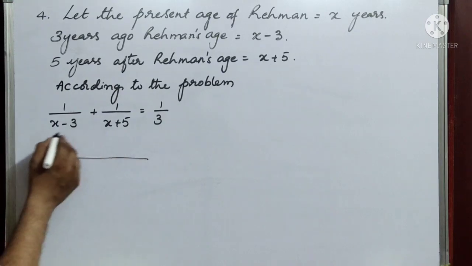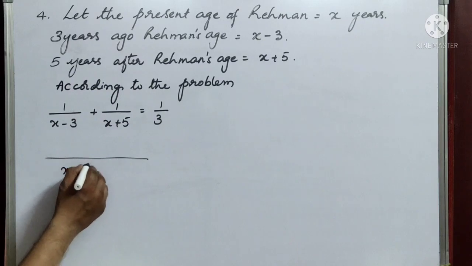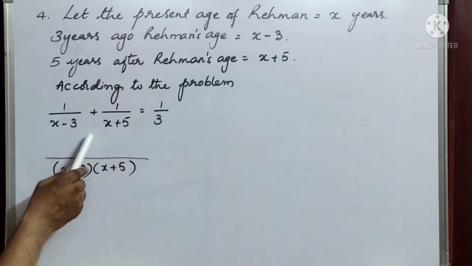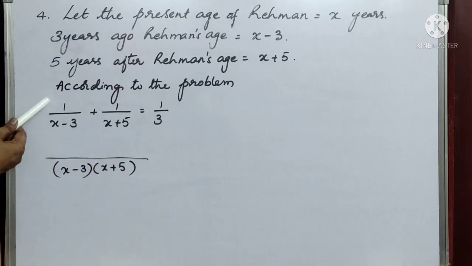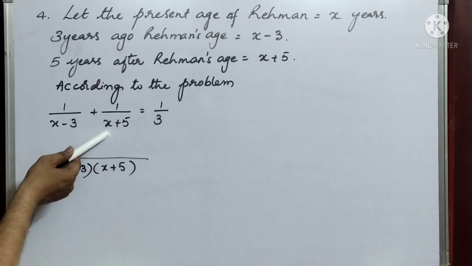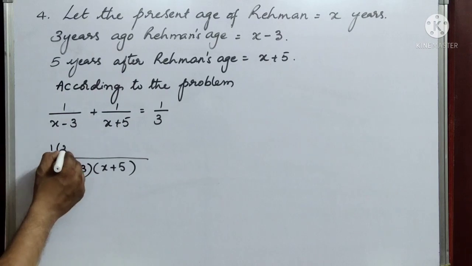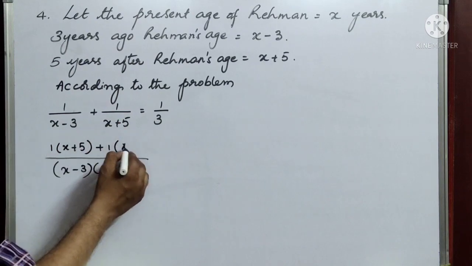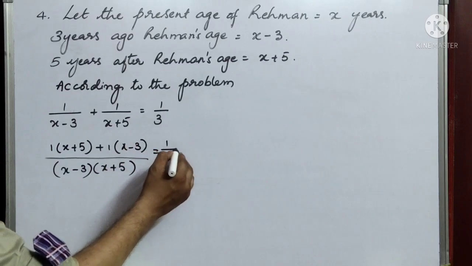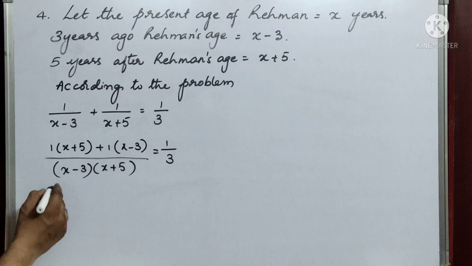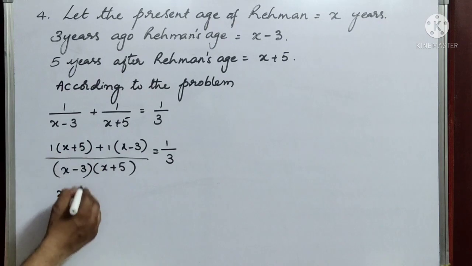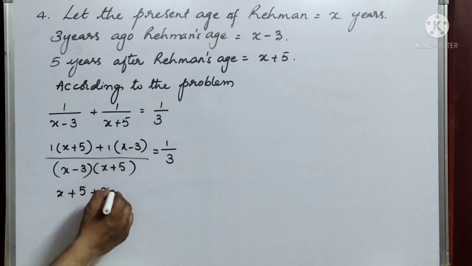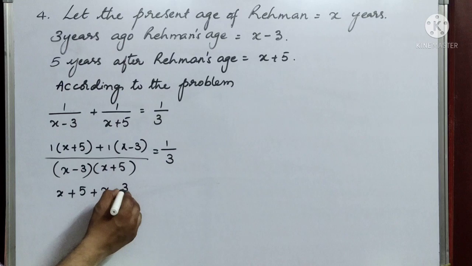What is the LCM of these two? X minus 3 into x plus 5. Okay, when these both are different, you can do cross multiplication. And here it is very clear, it is 1. So you can do cross multiplication. 1 into x plus 5 plus 1 into x minus 3 equals 1 by 3. 1 into x, x; plus 1 into 5, 5; plus 1 into x, x; plus into minus, minus 1 into 3, 3.